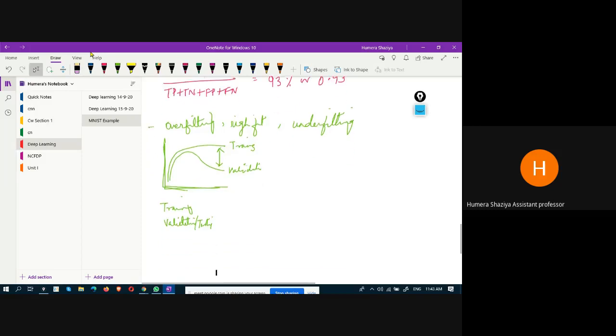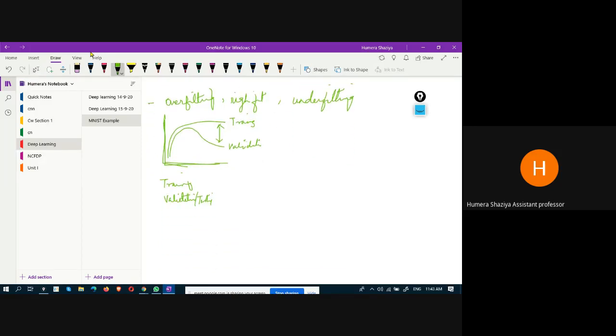It means that the model is able to identify the images correctly during the training process. During training means when I'm asking you questions during the class, you are able to answer me everything. During training, the model is able to classify extremely well, whereas during validation, meaning testing, it's poor.